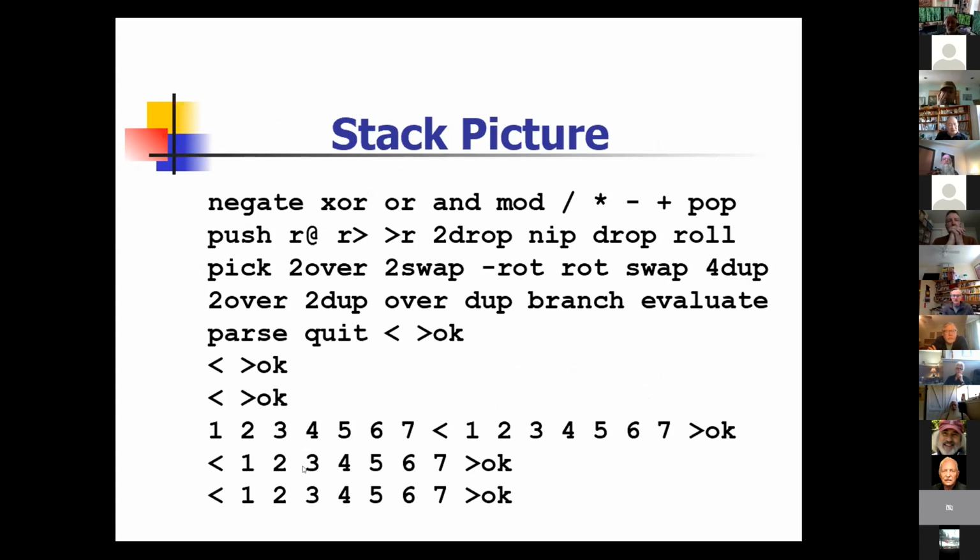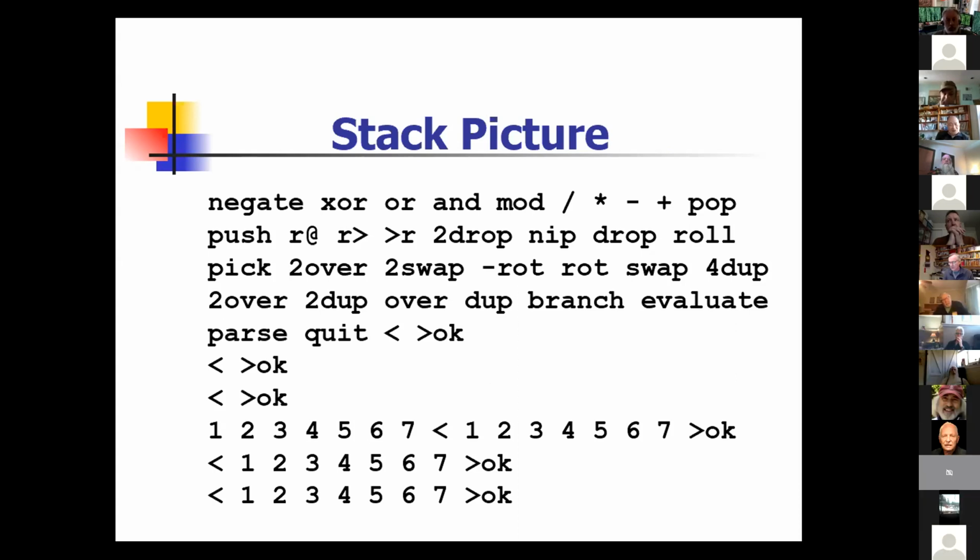So if you type return, you will always see all the numbers on the data stack. And I think it should be a standard for all Forth systems. I would hope that the Silicon Valley Forth Interest Group will only recognize Forth implementations which dump the stack picture.